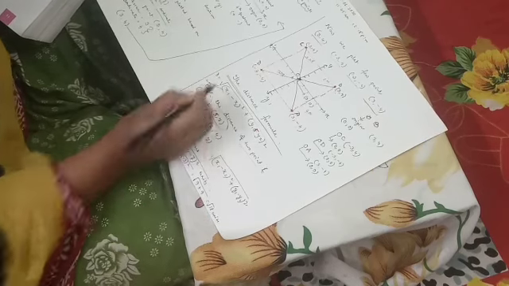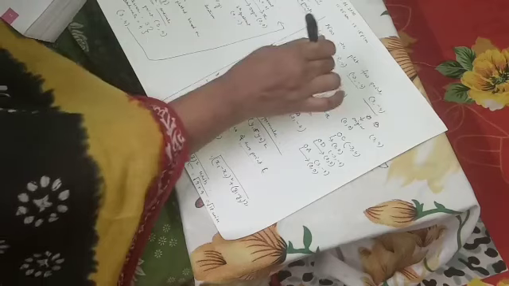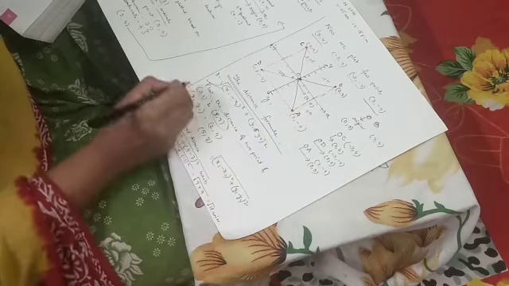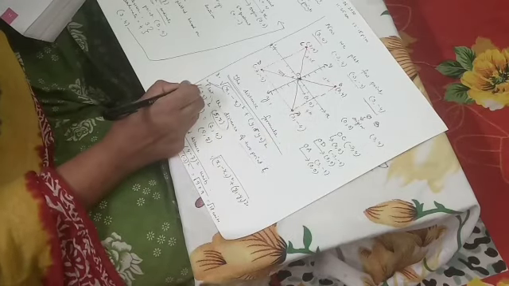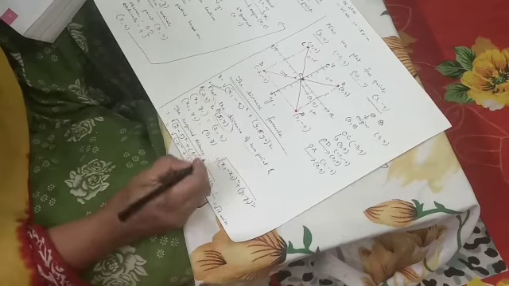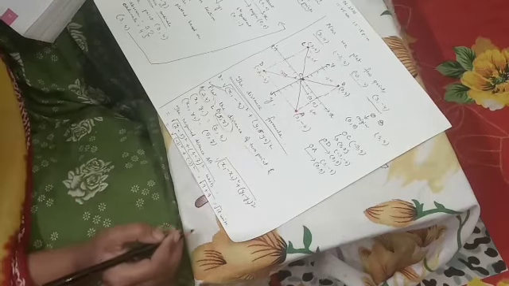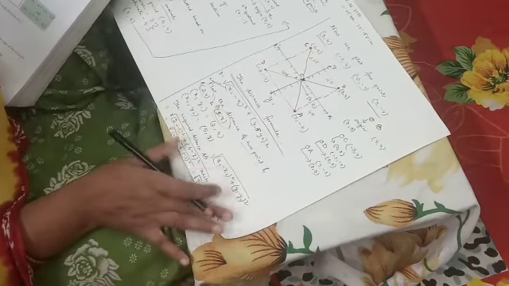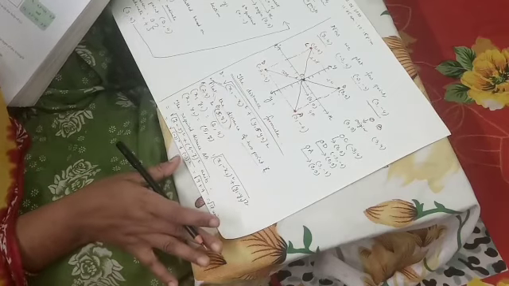You will first plot the points on the graph paper showing which quadrant it is reflecting. Then you will draw a line between the points A and B, and then you will find the required distance AB, which is equal to root 18 units. I hope you have understood how to find distance using the distance formula.